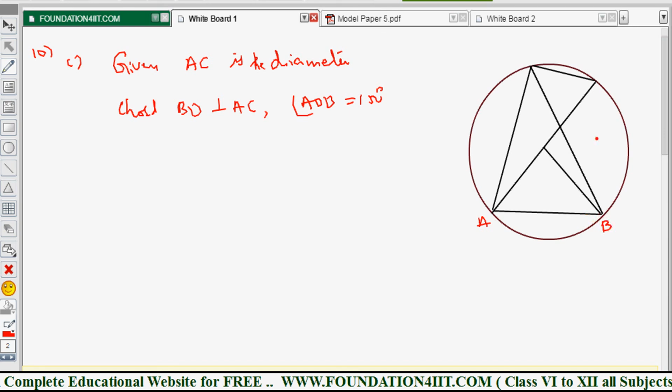AB, CD, and this angle is 150 degrees. This line is perpendicular and join this line also one more CD. Right. Now first one we need to find out angle ACB.